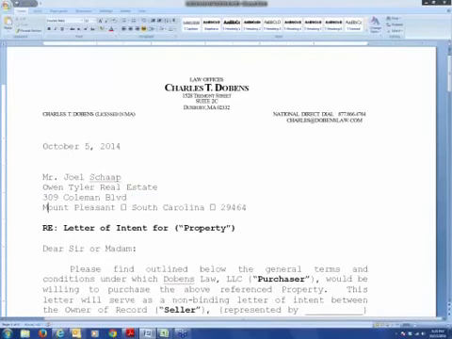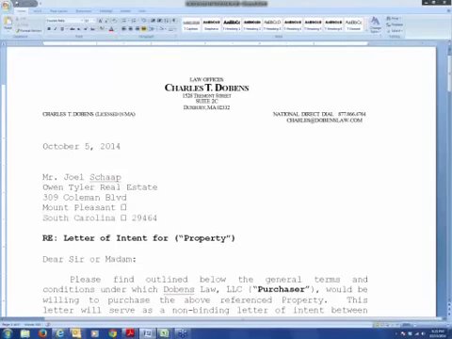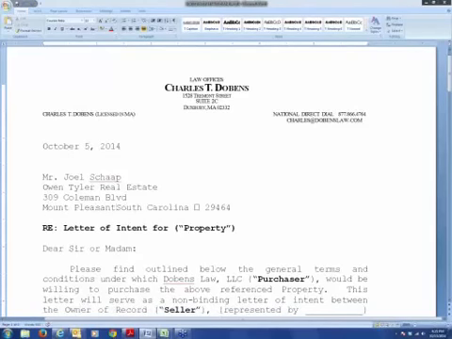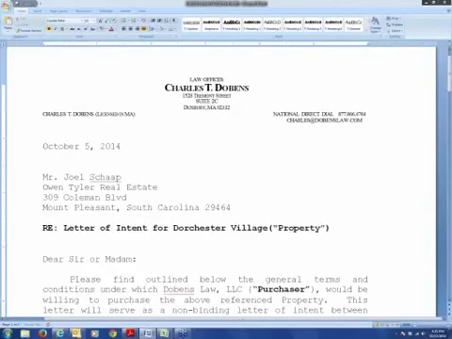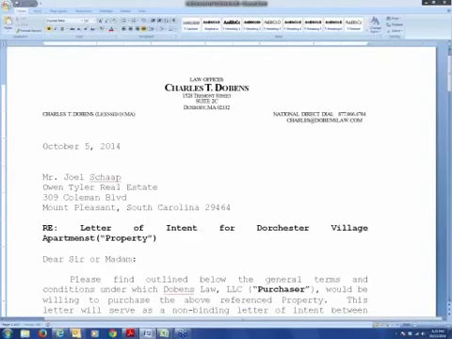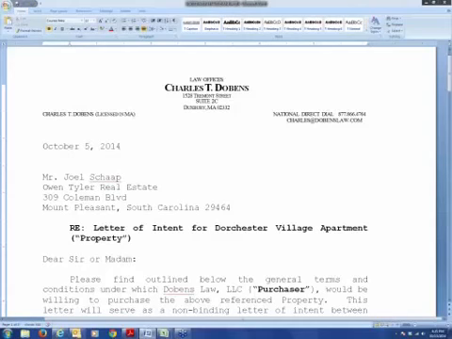This way I can make it work a lot faster. Mount Pleasant, South Carolina. All right, and so I'm going letter of intent for Dorchester Village Apartments. I usually put the address in there, but I'm not going to now just because I don't want to take your very valuable time. But just so you understand, that's how we do it.